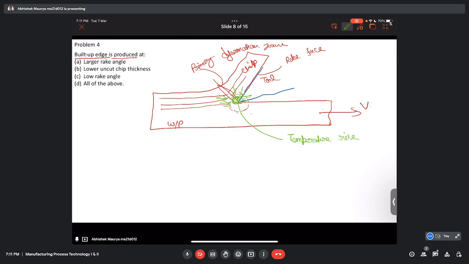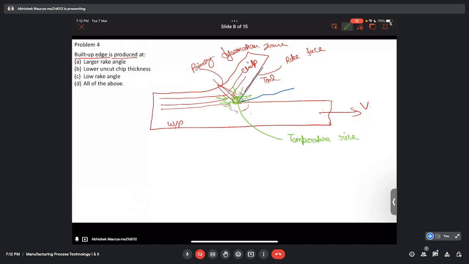Because of the continuous contact of chip and tool, the temperature rise takes place because of continuous generation of heat, which is not dissipated very quickly.